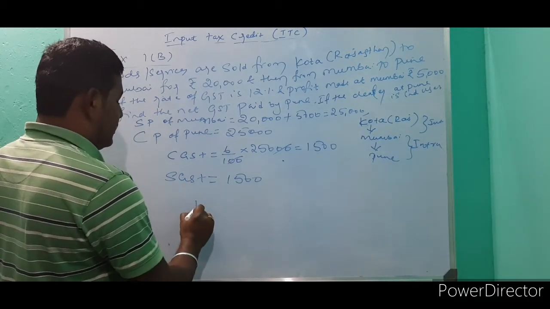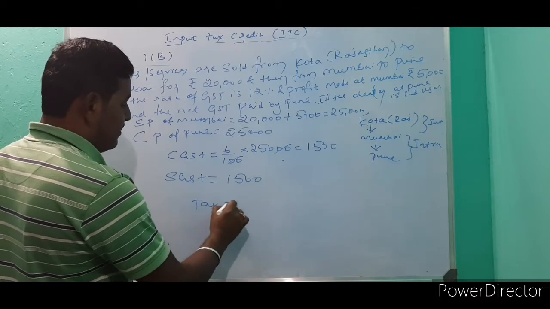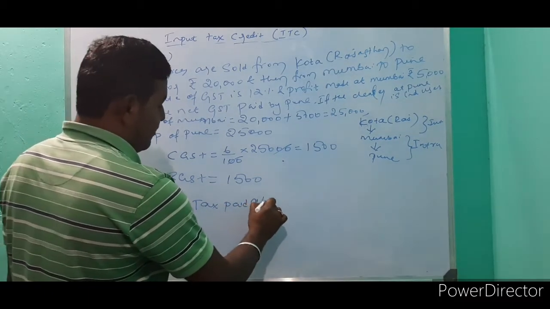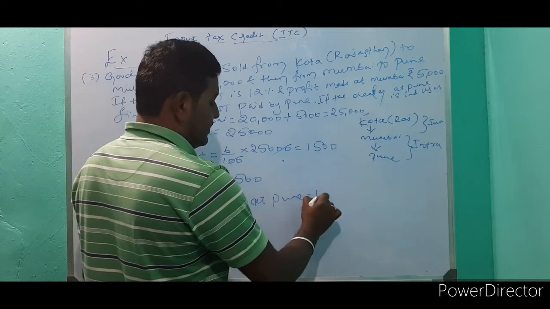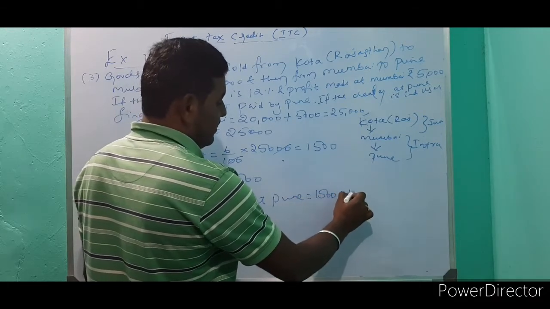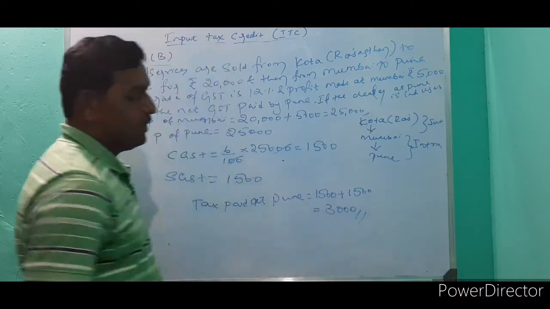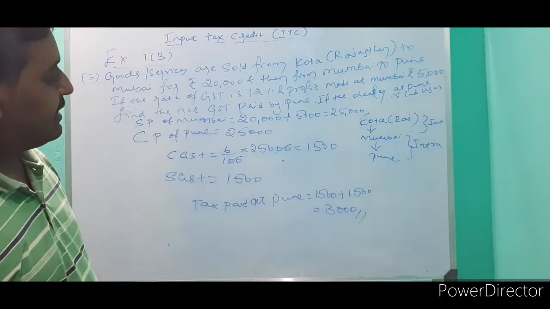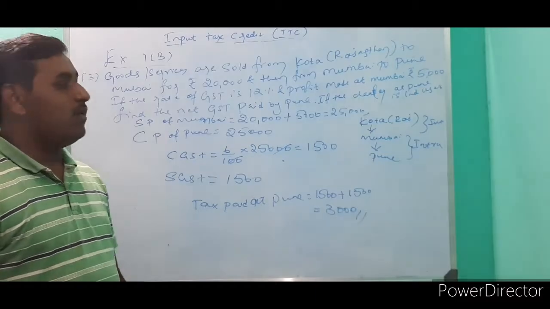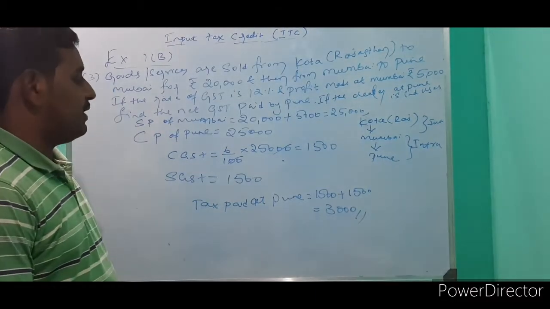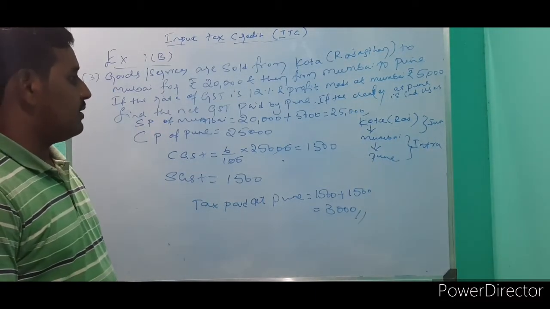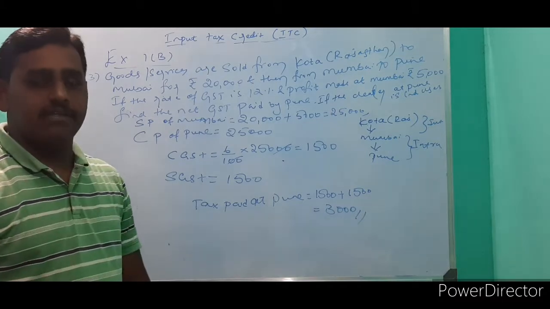If you add both, tax paid at Pune is equal to 1500 plus 1500 is equal to 3000. So what is the tax paid at Pune is 3000. So like this we are going to solve the problem. You can easily understand this problem.